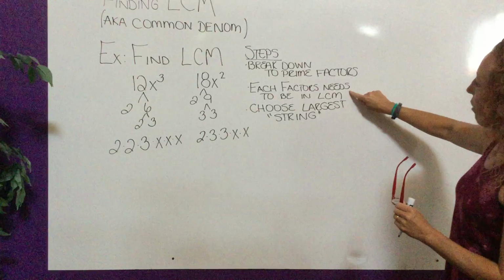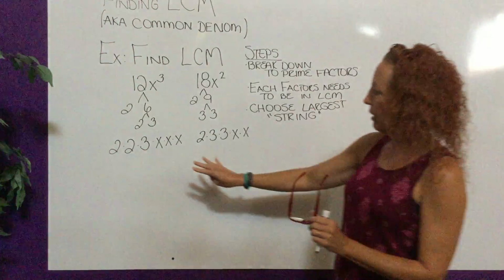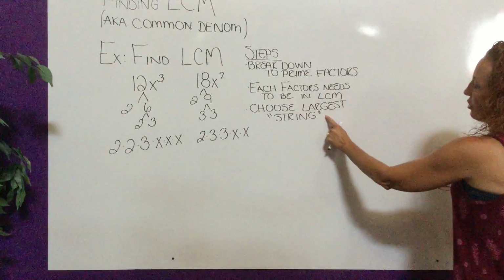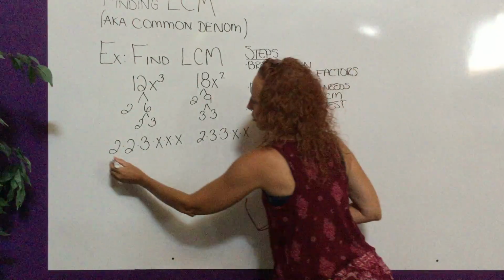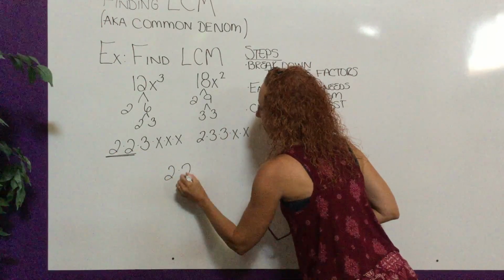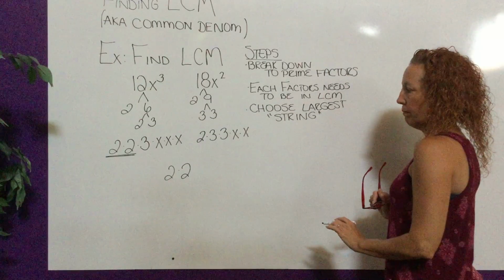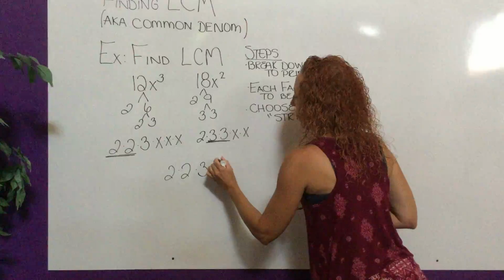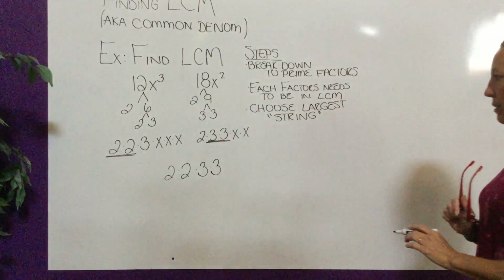So I need to make sure that all the factors show up. So it looks like my only numerical factors are 2 and 3. And then I'm going to choose the larger string. So since I have 2 2's here, my LCM needs 2 2's. Since I have 2 3's here, my LCM needs 2 3's.